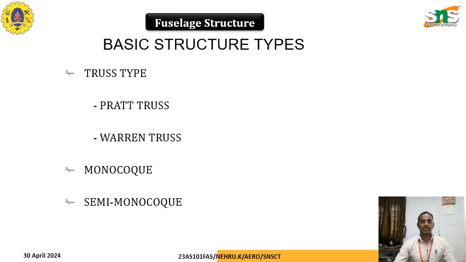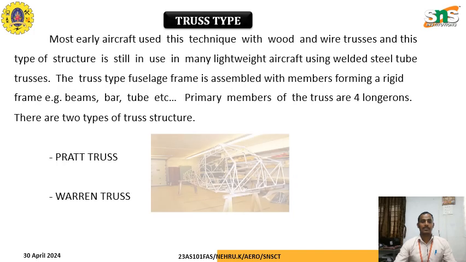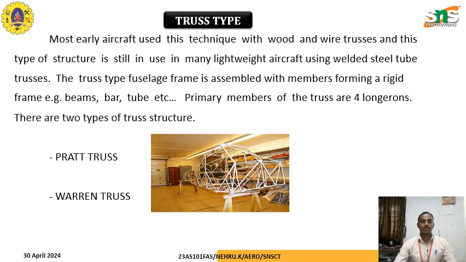So the fuselage structure, the basic fuselage structure types consist of truss type, where the Pratt truss, Warren truss, monocoque fuselage, and semi-monocoque fuselage. Coming to this truss type, the earlier aircraft used this technique with wooden wire trusses, and this type of structure is still in use mainly in lightweight aircraft using welded steel tube trusses.